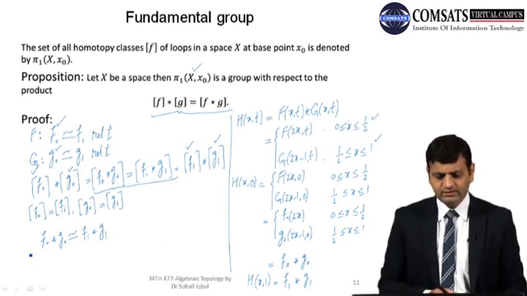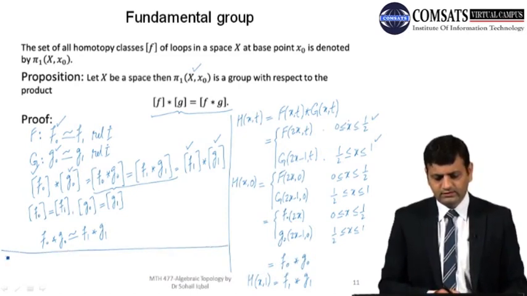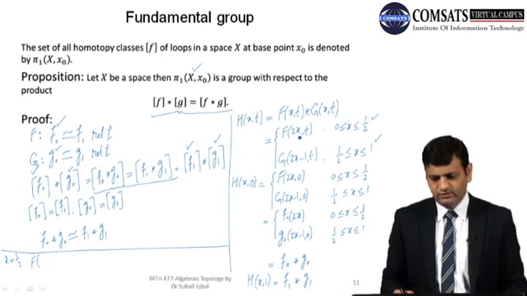At x equal to 1 by 2, we have F of 1, t, and we know that these are paths, so this is equal to f0 of 1, which is equal to f1 of 1, which is the same as g1 of 1 and g0 of 1.